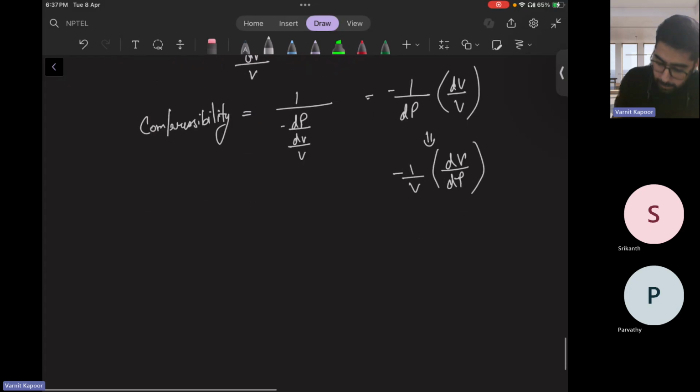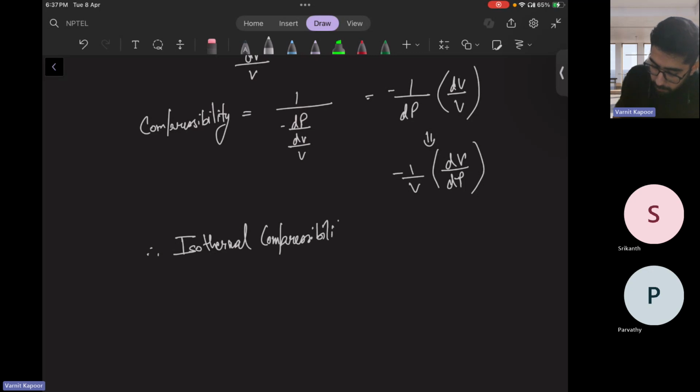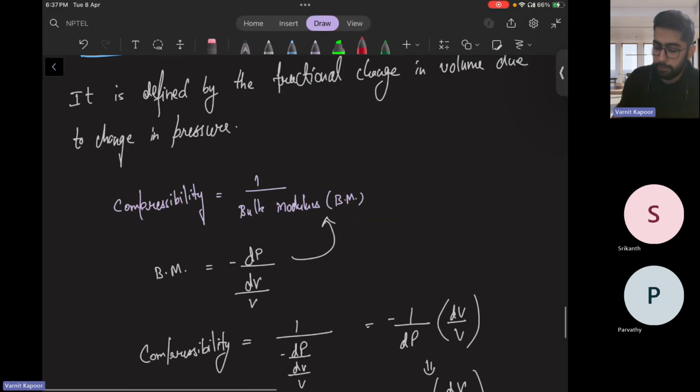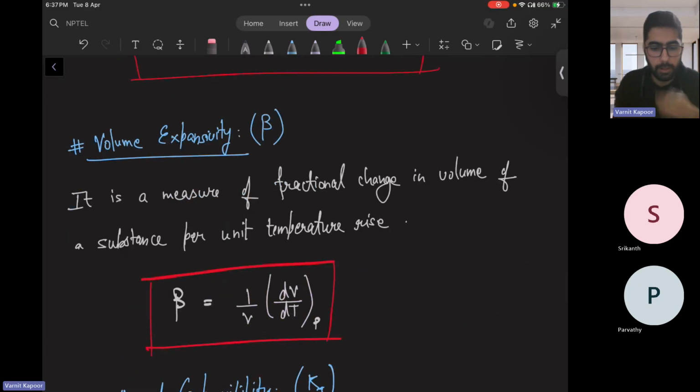So isothermal compressibility K_T is nothing but 1 by V times dV by dP at constant temperature. This is your proof as well. Okay, we have proved this relation as well.